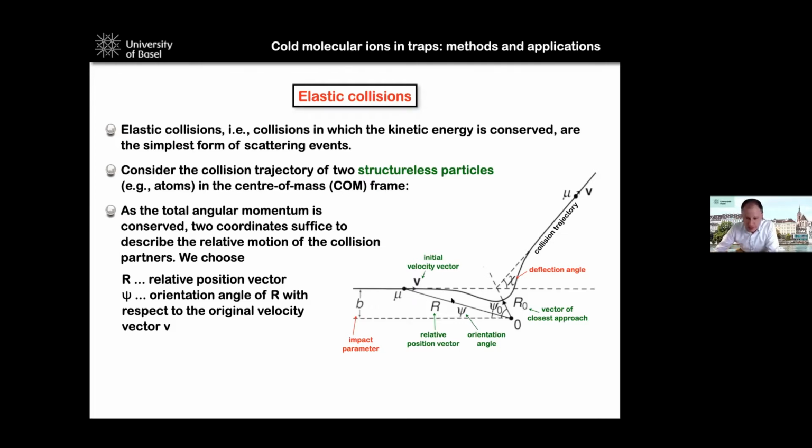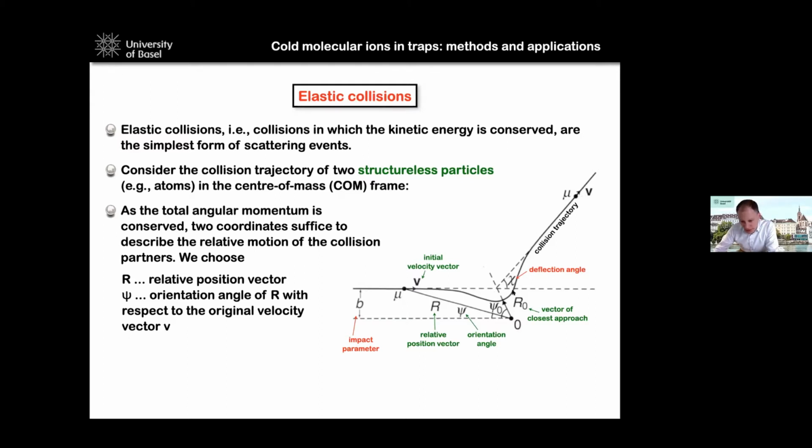For the sake of these cartoons, you can picture it as having one collision partner here in the center and the other one approaching on this trajectory, just for the sake of visualizing it. But remember, again, this is in the center of mass frame. Then we have an initial velocity vector that describes the approach of those two. We then have an orientation angle, which is the angle between the relative position vector and the initial velocity vector. And you see here the collision trajectory.